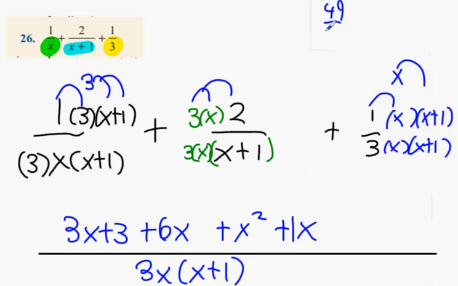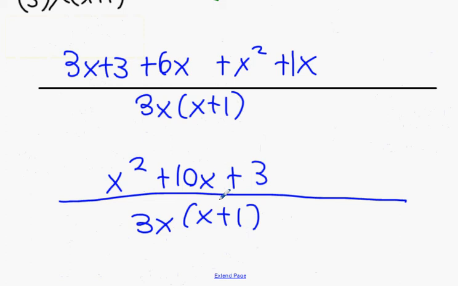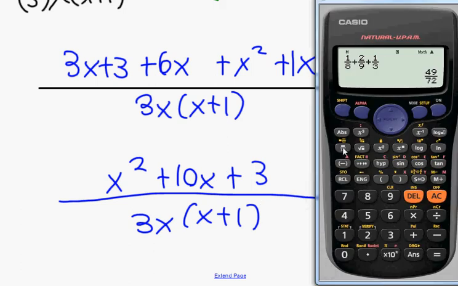When you use x equals 8, the answer has to be 49 over 72. If I've done everything perfectly, when I replace this with 8, it also has to be 49 over 72. Let's find out. So I press the fraction button at the start. So 8 squared, you happy with that? 10 times 8 plus 3.